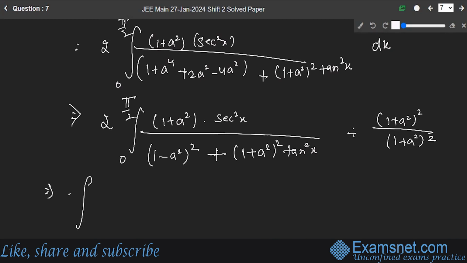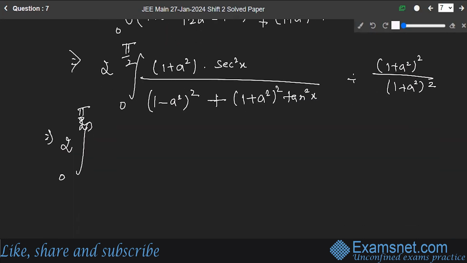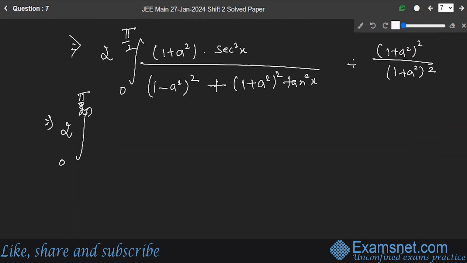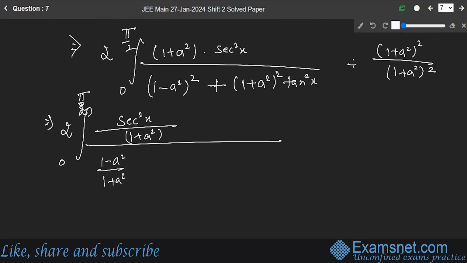Okay, so this will be twice limit 0 to pi by 2, secant square x upon 1 plus a square divided by 1 minus a square upon 1 plus a square whole square plus tangent square x. Now I'll do one thing. This is a constant.